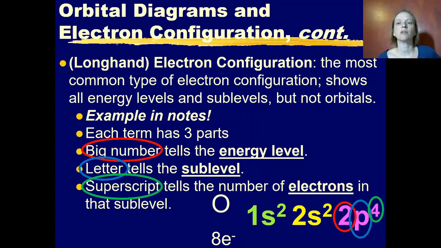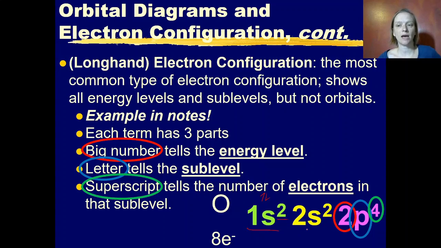So here I've written this complete and correct example of electron configuration for oxygen. I am representing the same electron configuration that we completed on the previous slide. Notice that my 1s sublevel had 2 electrons in it, the same way I had 2 arrows on the previous slide.